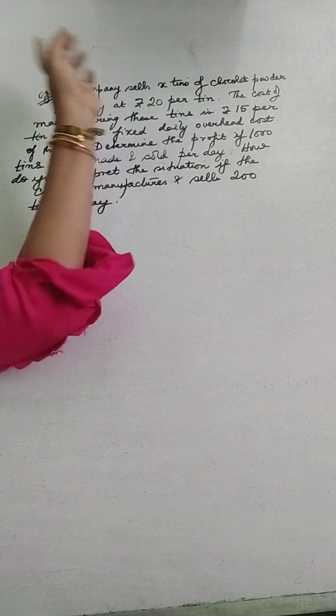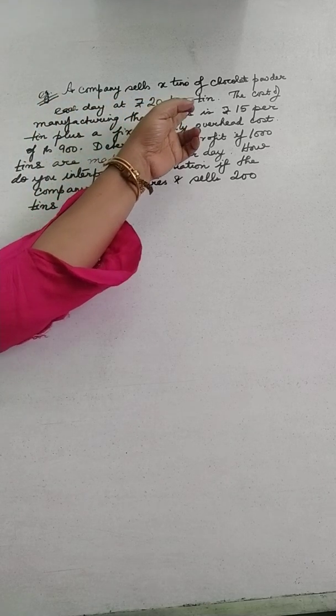This is the next question. A company sells X tins of chocolate powder each day at rupees 20 per tin.